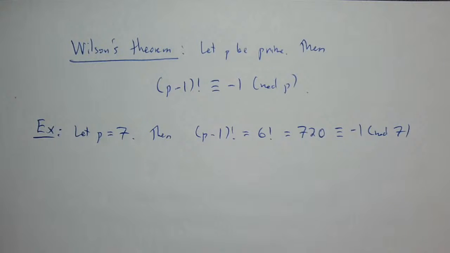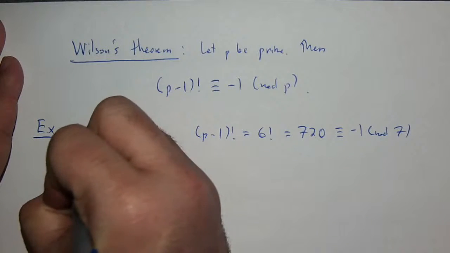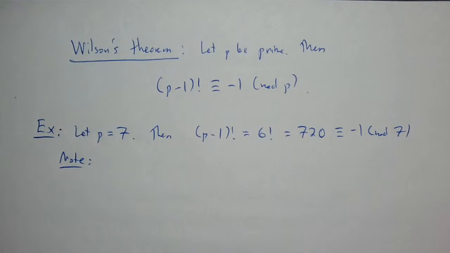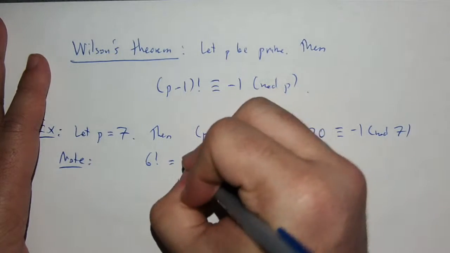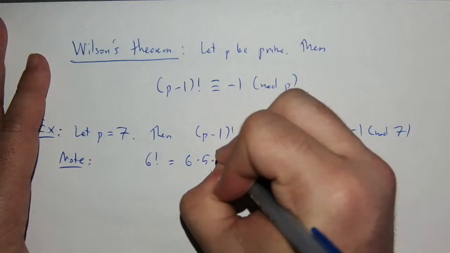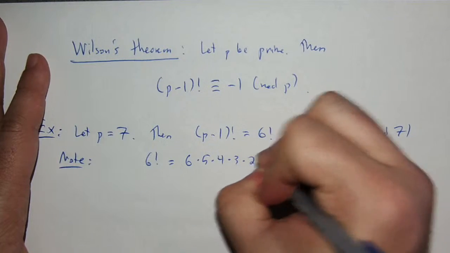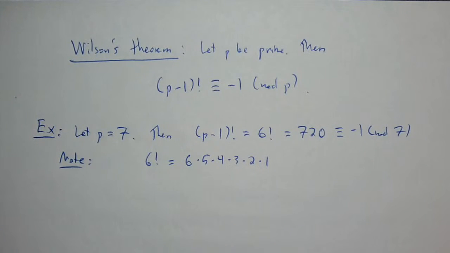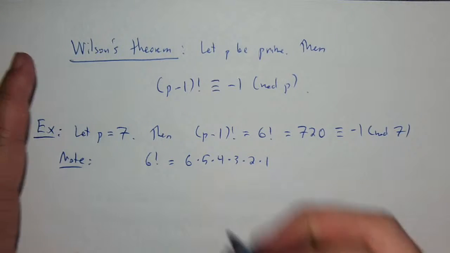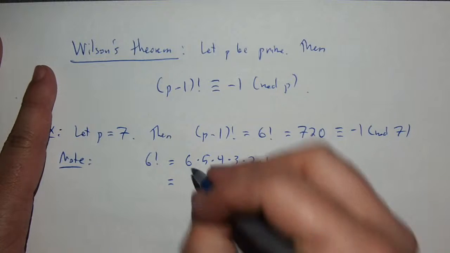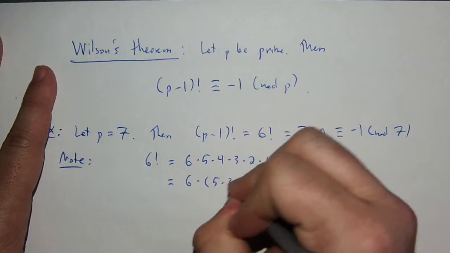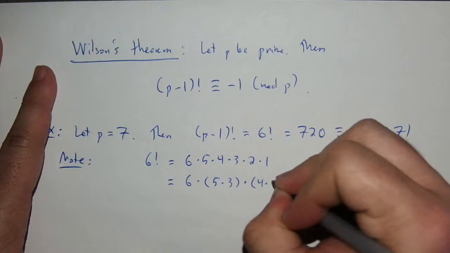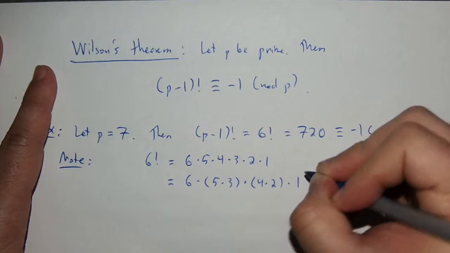But to actually see why this works, let's note a particular way of arranging this, right? So 6 factorial is 6 times 5 times 4 times 3 times 2 times 1. That's how factorial is defined. But I can arrange these in a funny way. I can arrange these as 6 times 5 times 3 times 4 times 2 times 1.